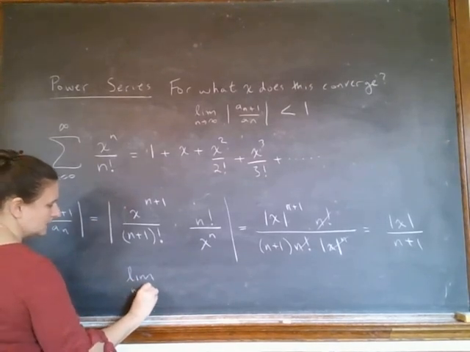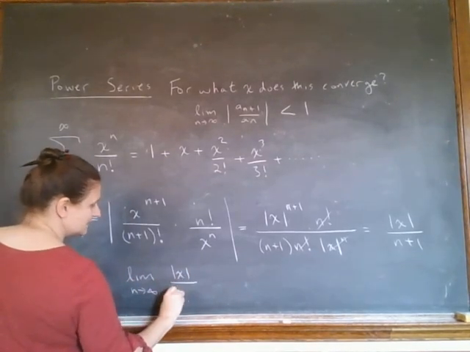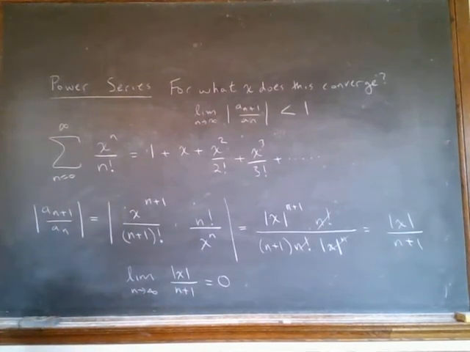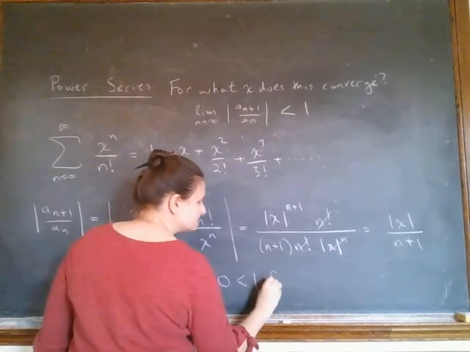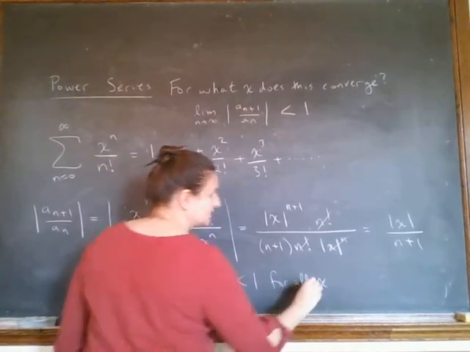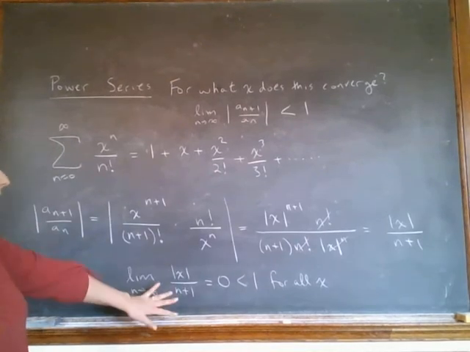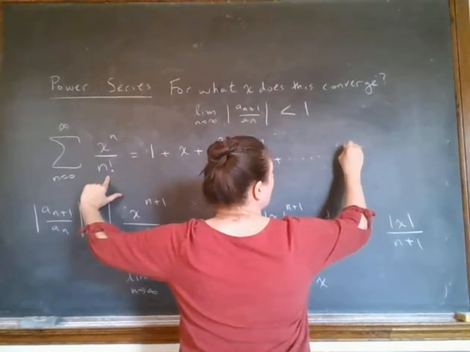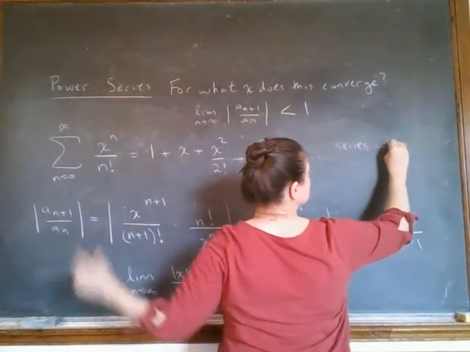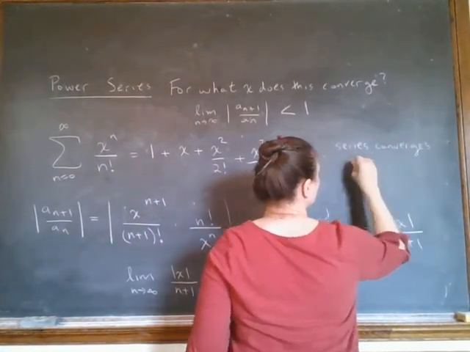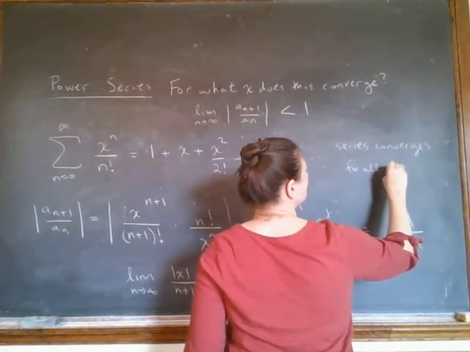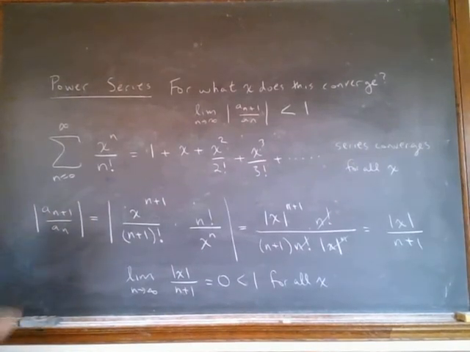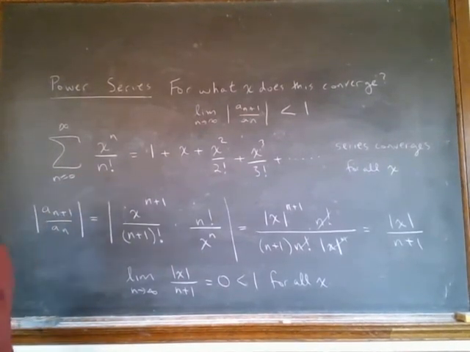Limit as n goes to infinity of this guy is equal to 0, which is less than 1 for all x. Okay? So this converges for all x. Any value, you'll have something that converges because this n factorial goes so fast.